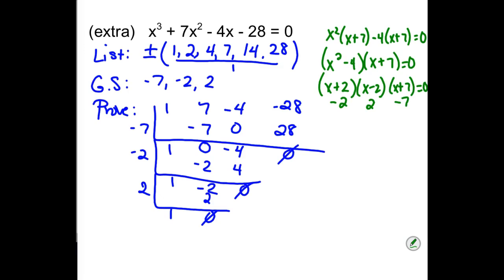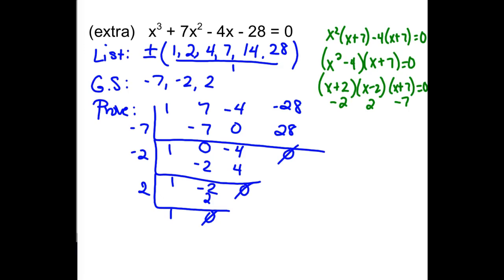Yes? So, just before I stopped the recording, I said, you have lots of options, right? If it just says find the zeros, if I don't give you any indication of what method I want you to use, use whatever you can. If it's factorable like this, I would have done that. If it's not factorable, then we go through the whole make our list, graph it, synthetically show they work.